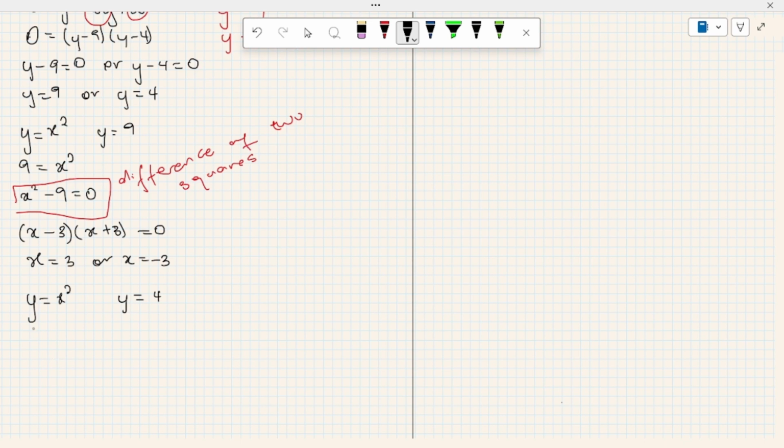So it's gonna be 4 is equal to x squared. We see also it's a difference of two squares, because 4 is a perfect square of 2.